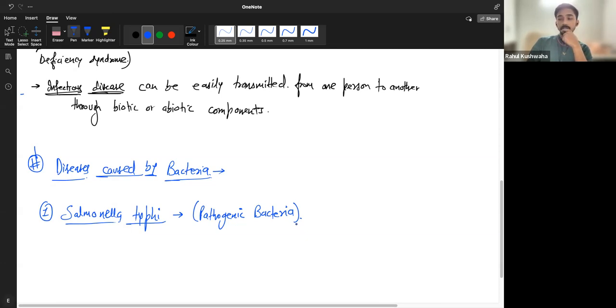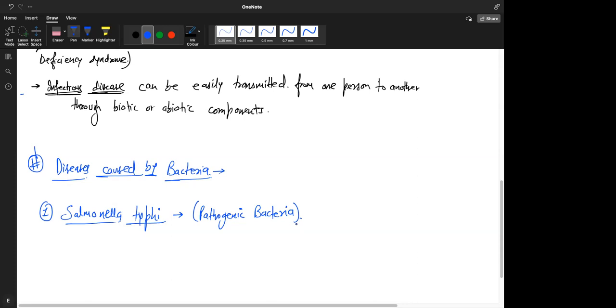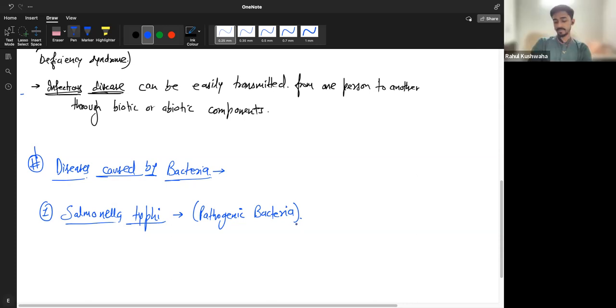Any other bacteria that you know the name of and is a good bacteria? E. coli. Lactobacillus. Yes, Lactobacillus is present in curd, right? It helps in the curdling of the milk. When we are eating curd, we are eating lots and lots of these bacteria.